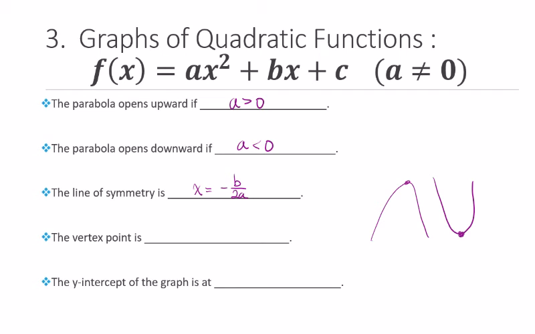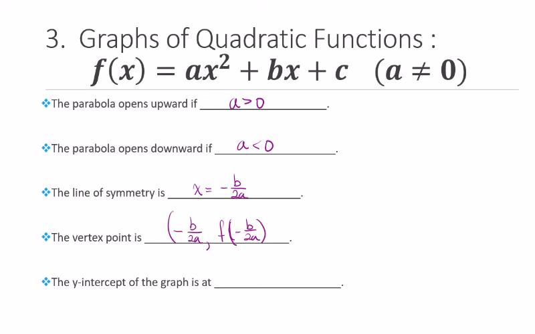Just made that up on the spot. The line goes through that. So the axis of symmetry is also the x coordinate of our vertex point. So our vertex point is negative b over 2a, comma, and the y coordinate is the output when we plug in negative b over 2a.